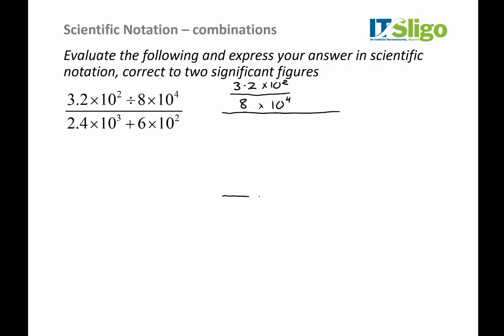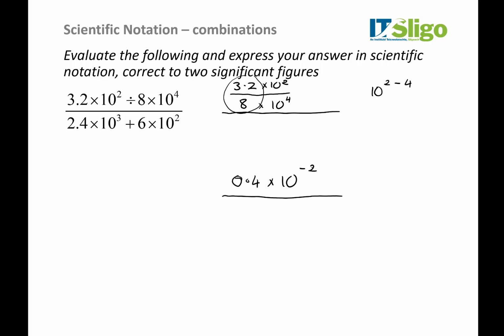So staying with that top line, numbers do what numbers do. This will give me 0.4. Now be careful, powers do what powers do. We have 10 to the power of 2 minus 10 to the power of 4. So that's going to give me 10 to the minus 2.